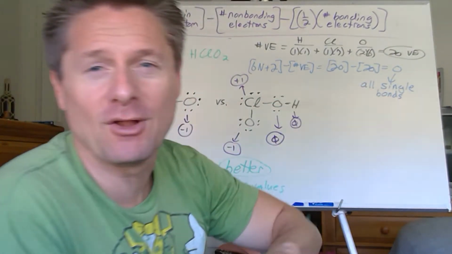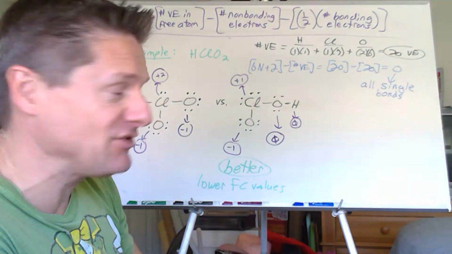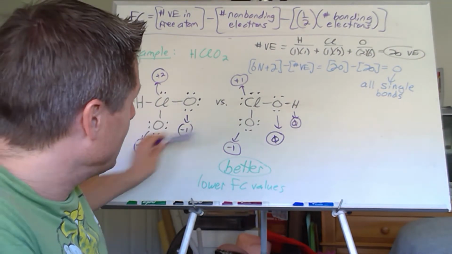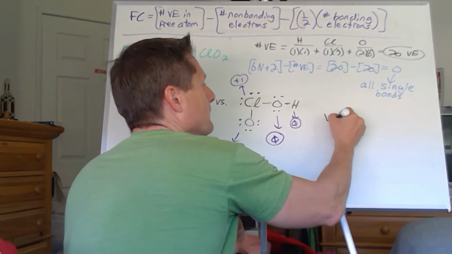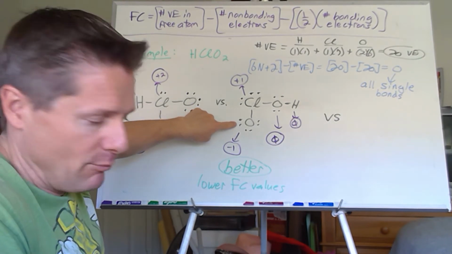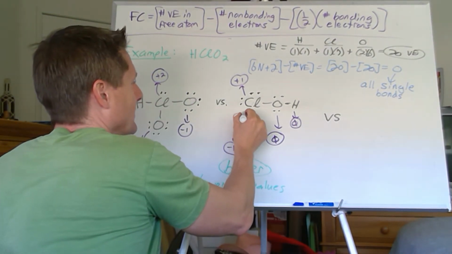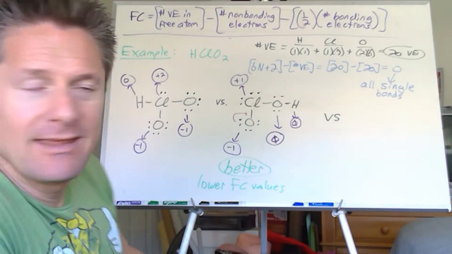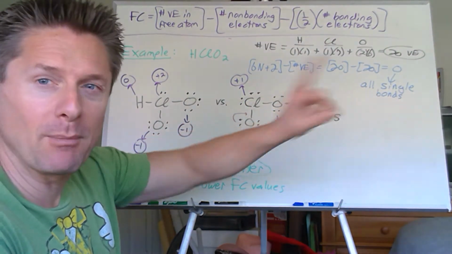Remember, we predicted all single bonds, but life isn't so nice. We have a situation here. Wouldn't it be nice if it could get to a 0 formal charge? So watch what happens here. What if we took that lone pair right there and stuck it in between the chlorine and the oxygen? It wasn't predicted from here, but watch what happens.